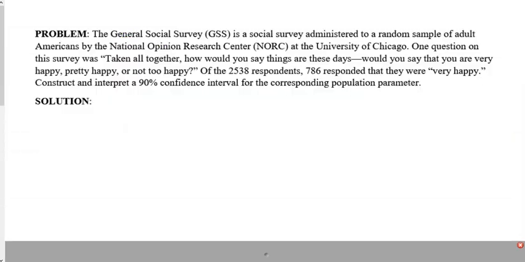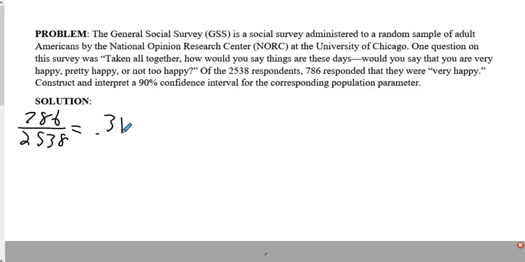All right. So, in a survey, we have 786 out of 2538 respondents. If we divide that, we have 0.31. So we're going to just fill in the formula.